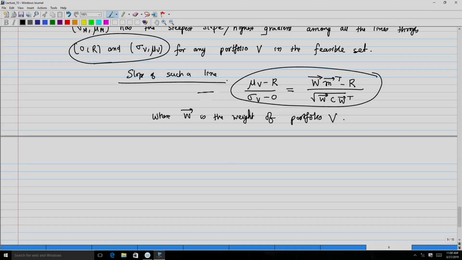So, this motivates us to look at the maximization of this particular slope which connects (0, r) with any generic portfolio (sigma v, mu v).